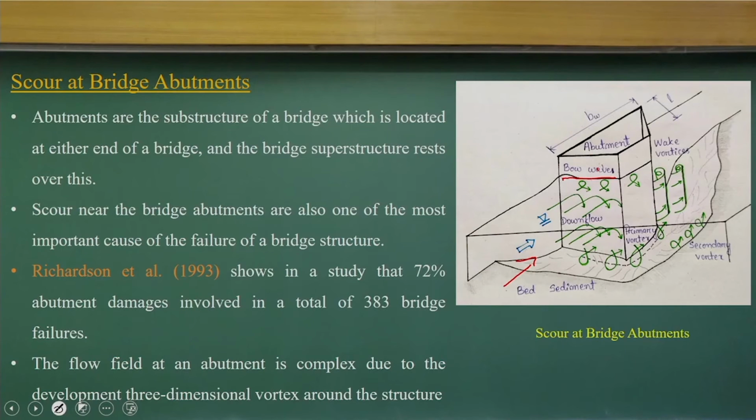The upstream flow has a higher velocity at the free surface, and as it reaches the abutment, that velocity reduces to 0. That is the reason there will be a downflow, and this downflow will start eroding the bed materials. As the bed material starts eroding, scour hole formation starts.